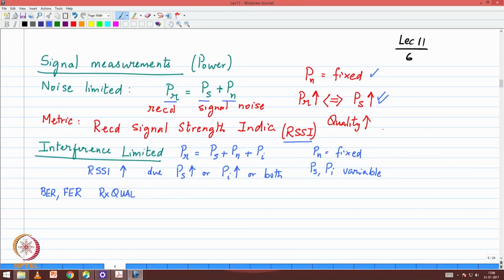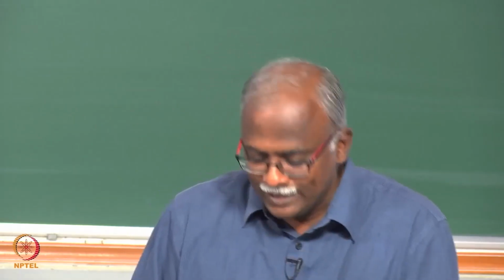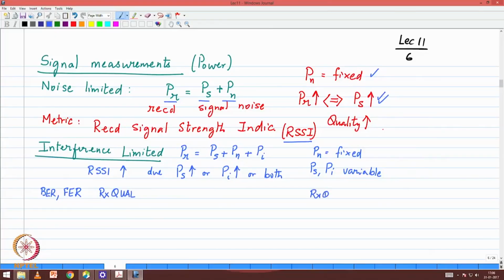Basically that tells you the bit error rate or frame error rate, and different cellular systems will define it differently, but it tells you whether the signal is good or bad. If RX qual is high, that means your signal to interference plus noise ratio is high. So RX qual is good implies SINR is good. On one hand you have RSSI, then you have RX qual, and a combination of these two is a very useful mechanism for us.